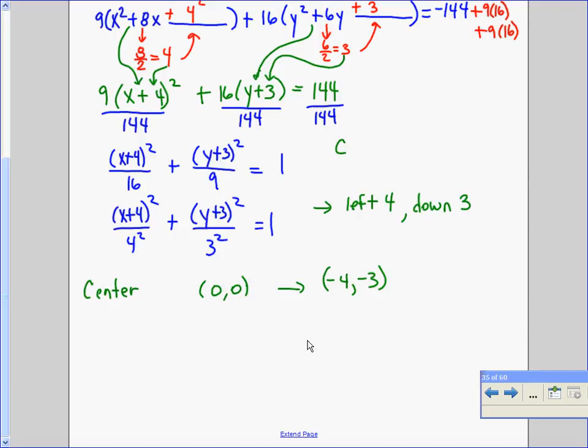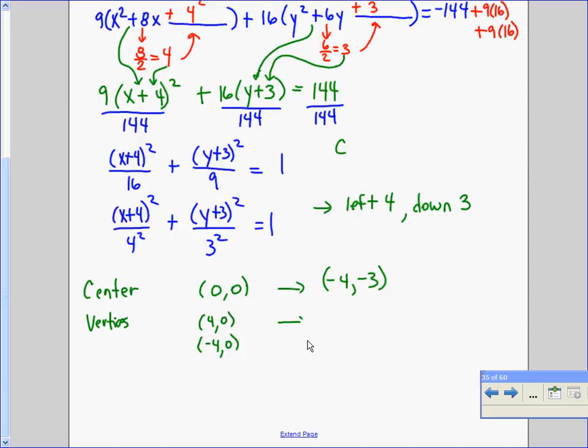All right, and then we've got our vertices. The initial vertices: you notice that the 4 is under the x, so that's your larger. So your initial vertices are going to be at 4, 0, and negative 4, 0.